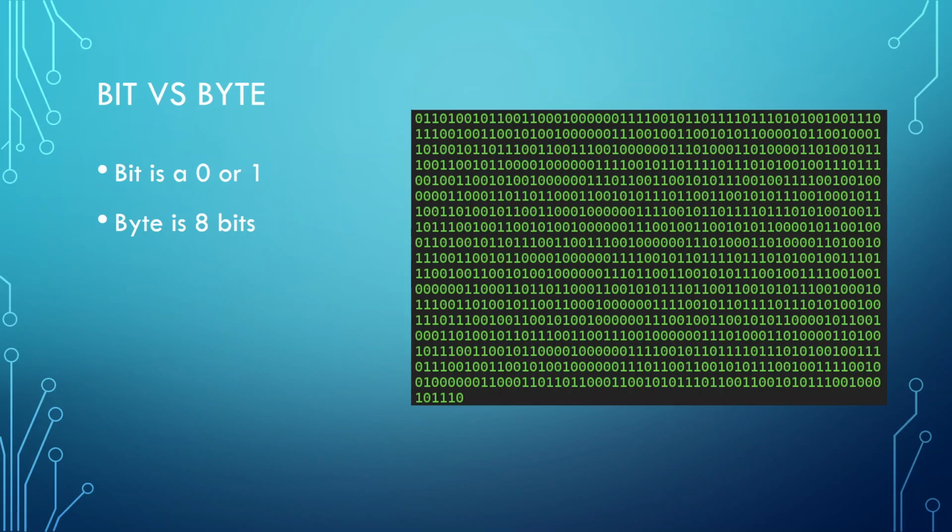Now, the one thing here is prefixes. If I say kilo, what does that mean? You have a kilobyte of memory here. What does kilo stand for? Anyone know? Yeah, it's a prefix, so it's a multiplier.